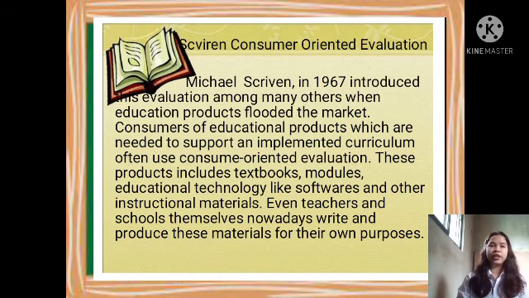So these products are used in school which require a purchasing decision. These products include textbooks, modules, educational technology like software, and other instructional materials. Even teachers and schools themselves nowadays write and produce the materials for their own purposes.